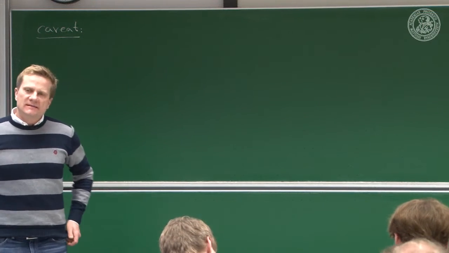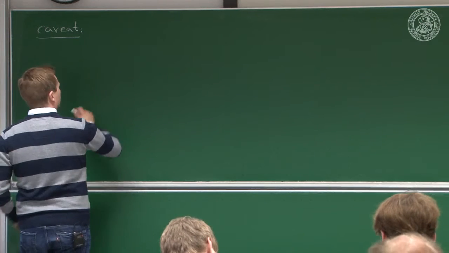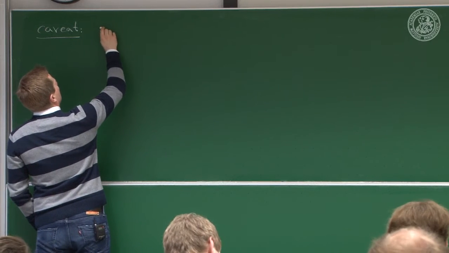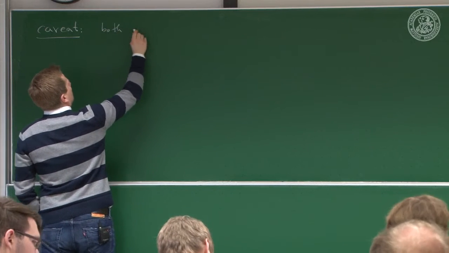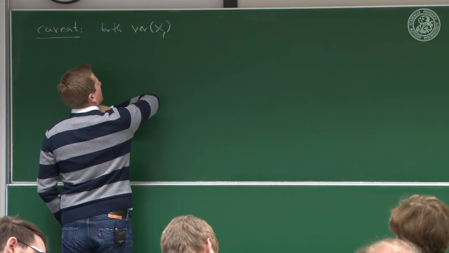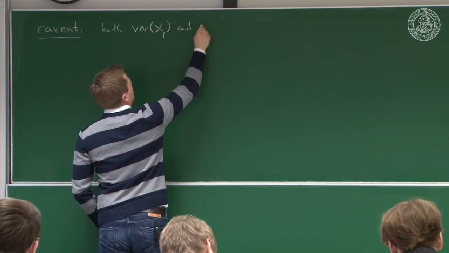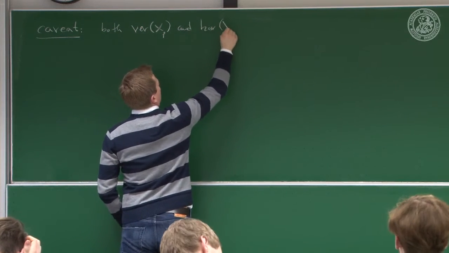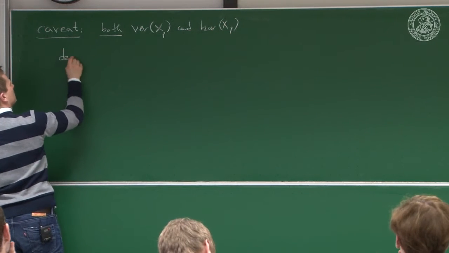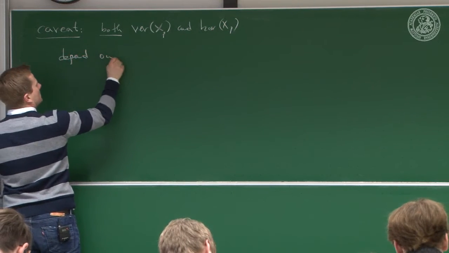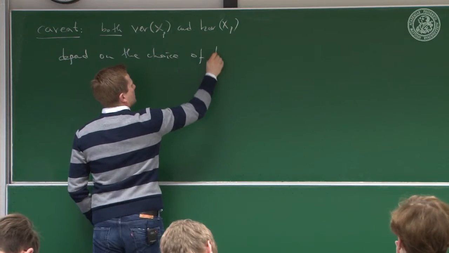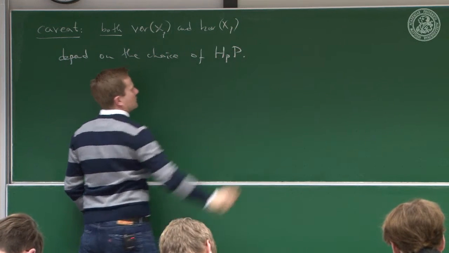So this decomposition in vertical and horizontal parts, both the vertical part of a vector at a point P and the horizontal part of a vector at a point P, they both depend on the choice of this horizontal subspace.